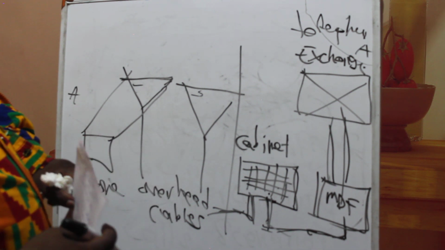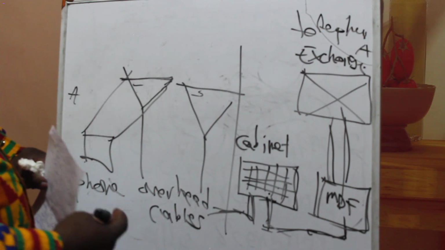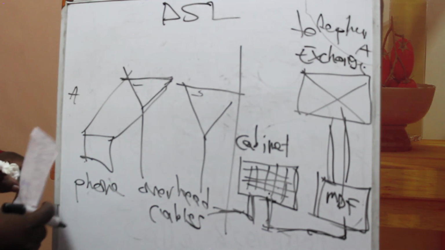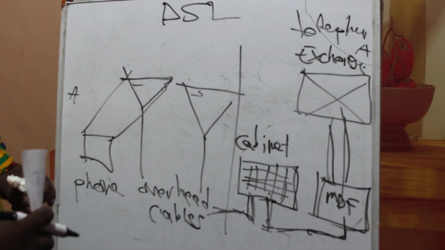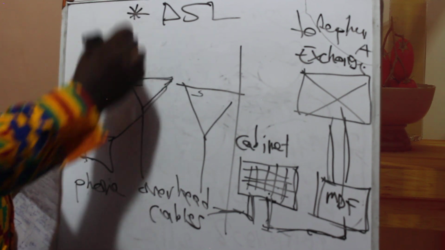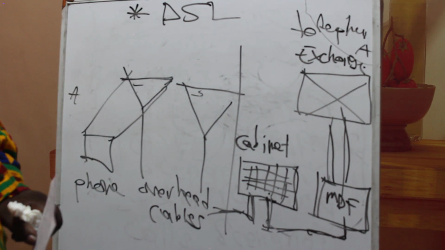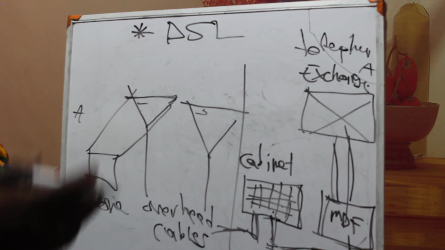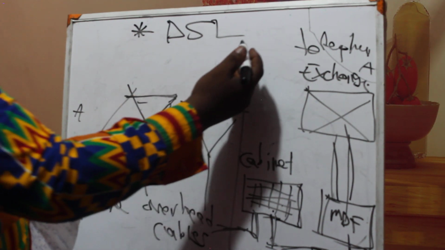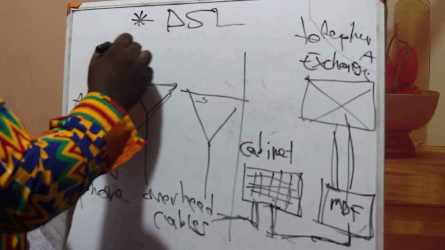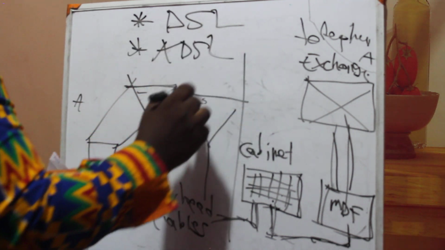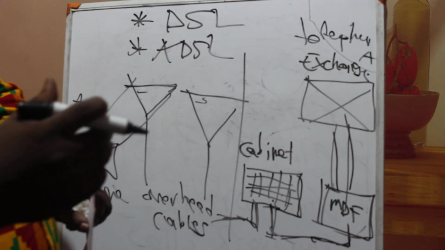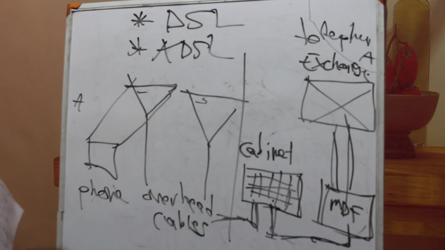Now, under the GSM, we're able to have the DSL, digital subscriber line. The DSL was able to give us high-speed internet using the same cable network. So with DSL, we're able to have internet as well. We also have what's called the ADSL. With the ADSL modem, we can distribute this high-speed internet to various users through the same modem.